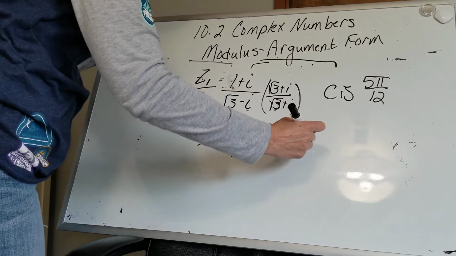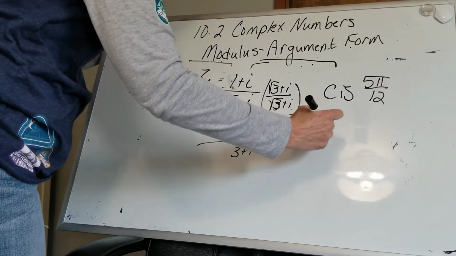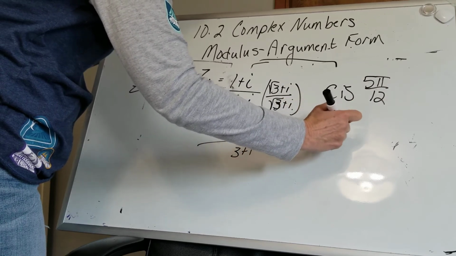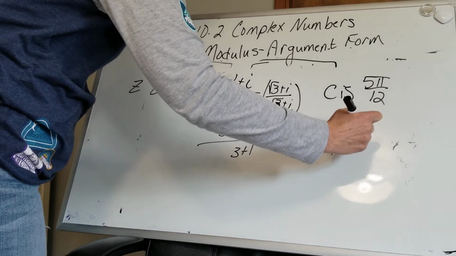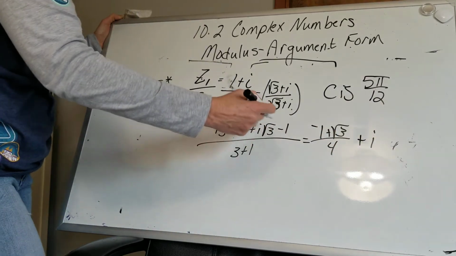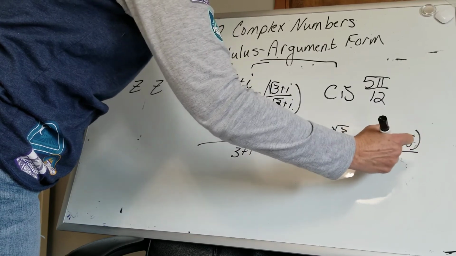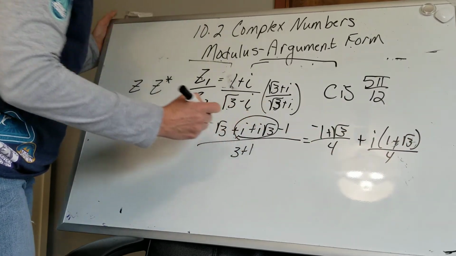So I'm going to end up with negative 1 plus root 3 over 4 plus i, and then 1 plus root 3 over 4. I just factored out an i from these two.